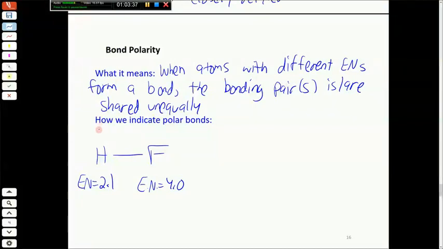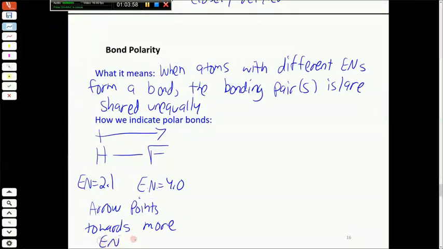We show an arrow, which is like a vector pointing towards the more negatively charged species, telling us that there's more negative charge over here. This is one depiction, but I don't think it's the most common one that we'll see. The arrow points towards the more electronegative atom, indicating that there's an imbalance of negative charge on that atom.